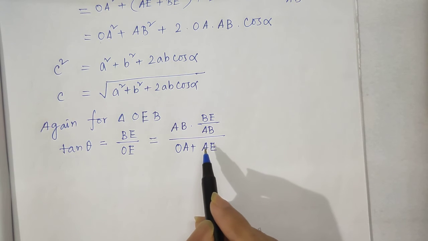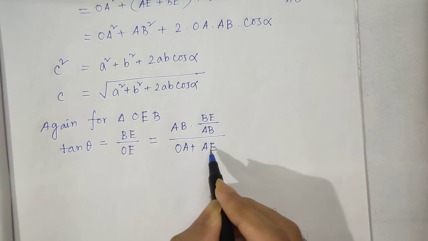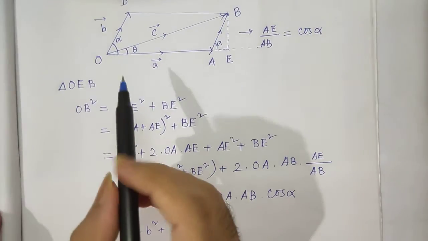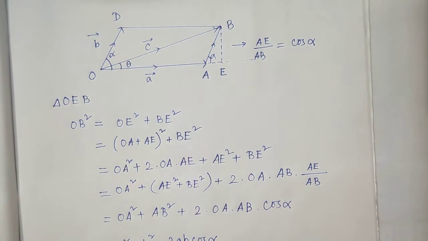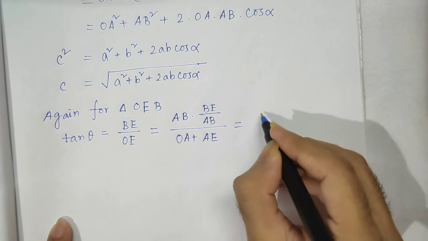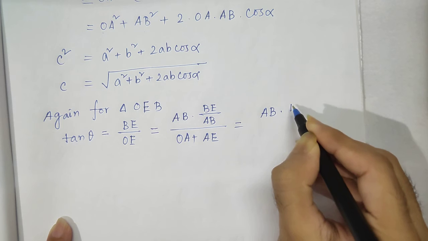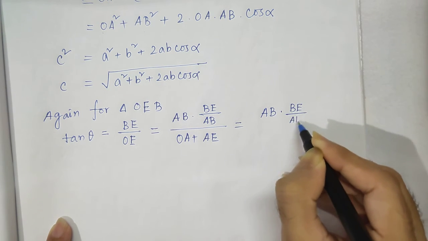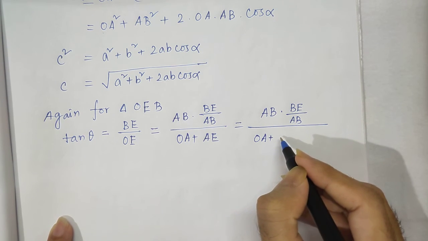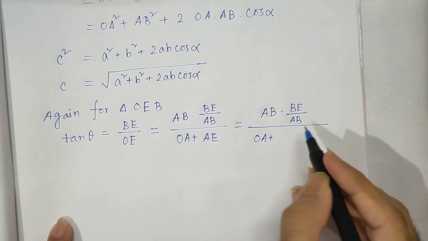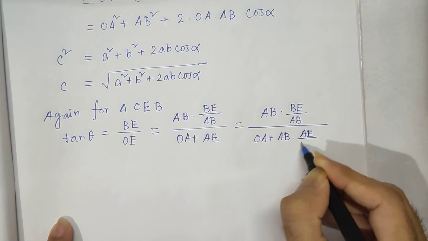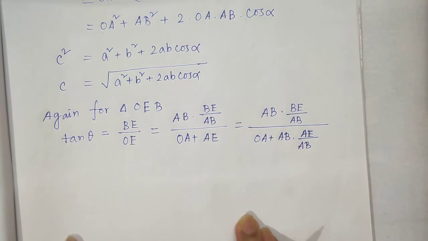Now we have to express the terms by the vector AB and the angle alpha, which are given to us. So equals AB into BE divided by AB, over OA plus AE, and we can do the same thing as the top, AB into AE divided by AB.